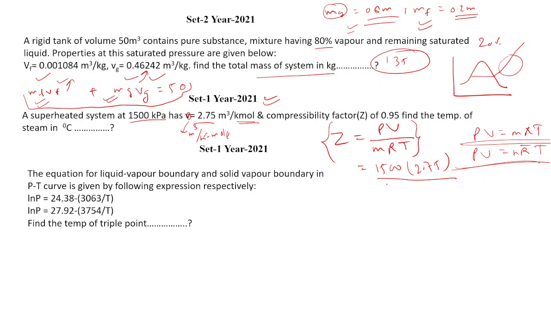And mass is 1 because it is specific. So mass would be 1, R would be 8.314, and Z is given in the problem as 0.95, and temperature you can easily find from here. Whatever it is coming, it would be in Kelvin, so convert that to degree Celsius, and that would be the answer.